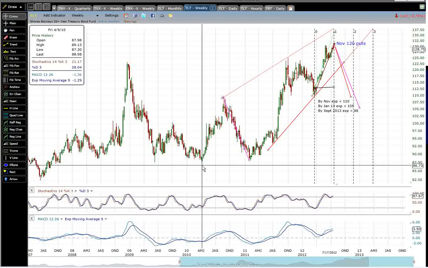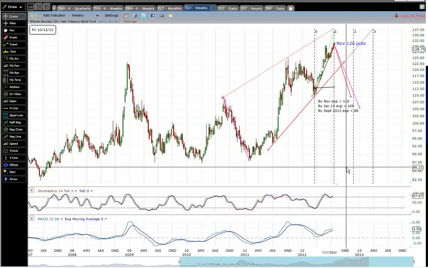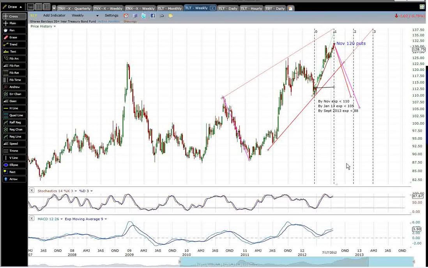So we may be looking at a year or less that bond prices are all the way back down below where they were in 2009, 2010. Those would be some very, very potentially explosive moves, some very good put option candidates. If you trade futures, those would just be massive moves on trading the bond futures.